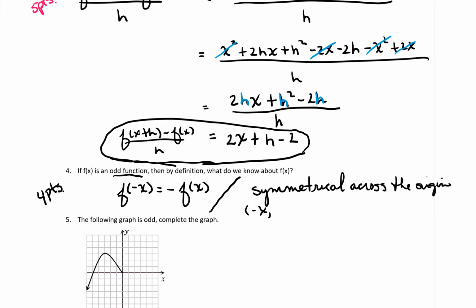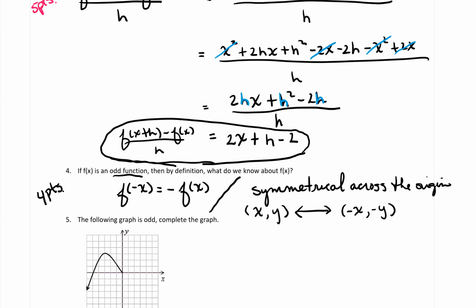The way we tested for symmetry across the origin, or if it was odd, is that wherever we had an x, y point on our graph, we also have the point negative x, negative y. That's also a solution. That is going to help us with the next problem, 5.